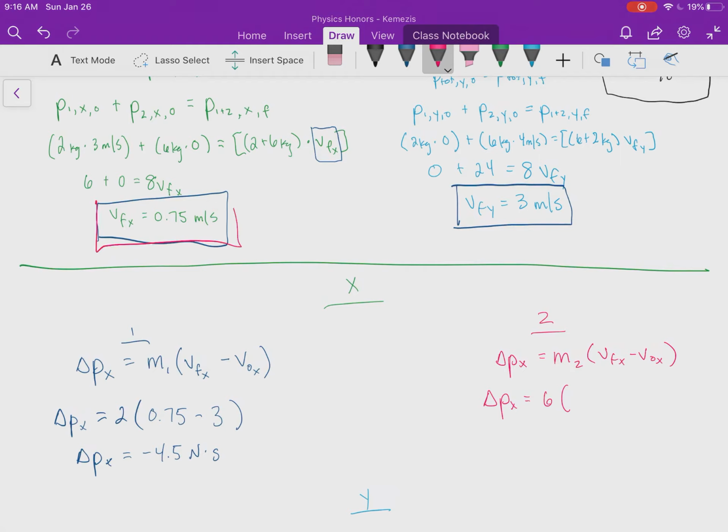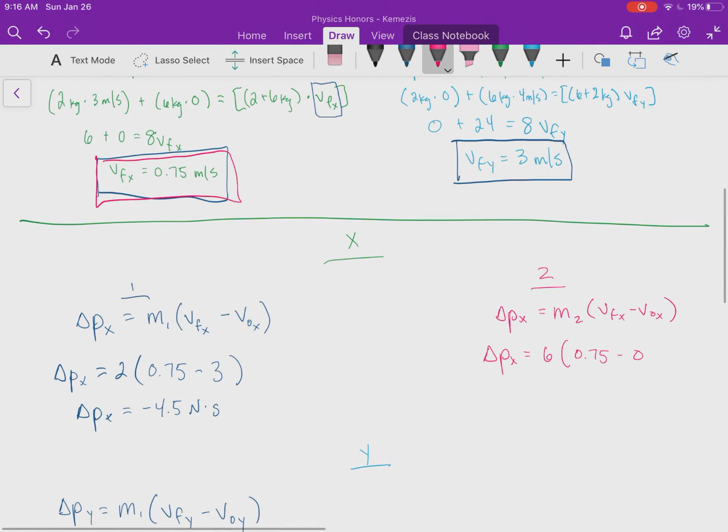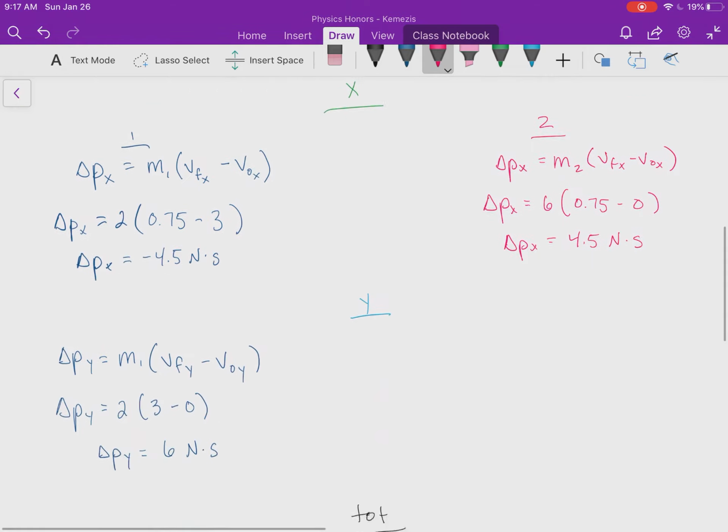Final velocity x, remember this 0.75 is also the velocity of object 2. So we have 0.75. It was not moving in the x direction, so this would be a 0 here. So delta px for this second object is 4.5 times 0.75, yep, 4.5 Newton seconds.